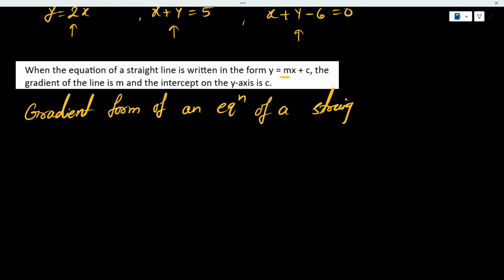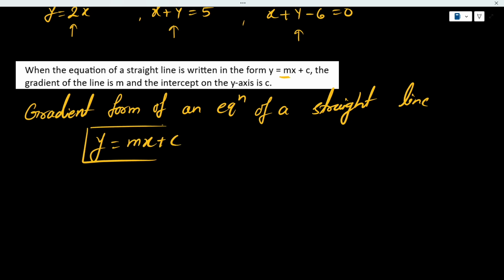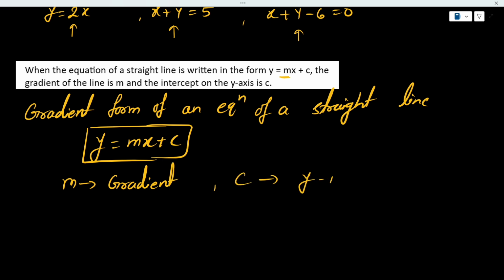We are talking about straight line only, right? So you will write y is equals to mx plus c. That means I have to make y as a subject. Whatever the coefficient is there with x, that's called gradient or slope, and c is known as y-intercept. Wherever the straight line cuts the y-axis, that's called y-intercept.